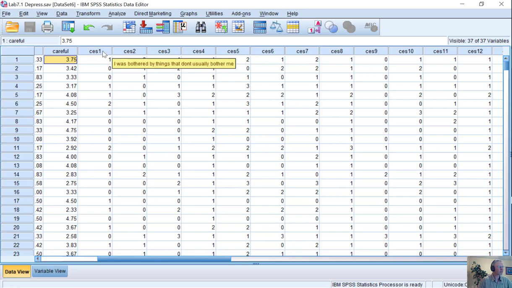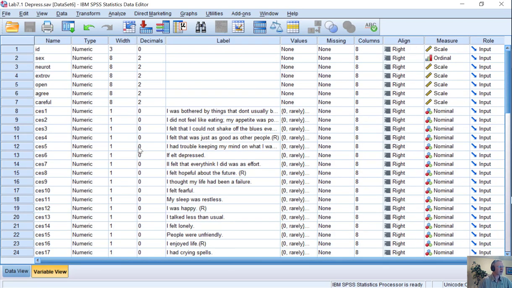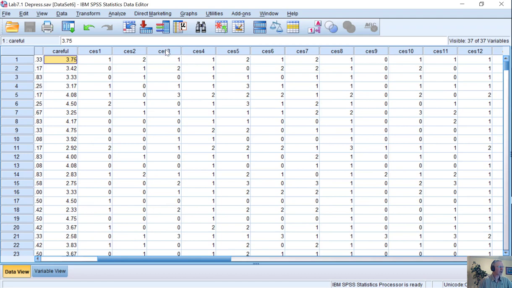You can see when I put the cursor over it, since we entered in the variable view a label for those variables, that label shows up as I hold the cursor over the item label.